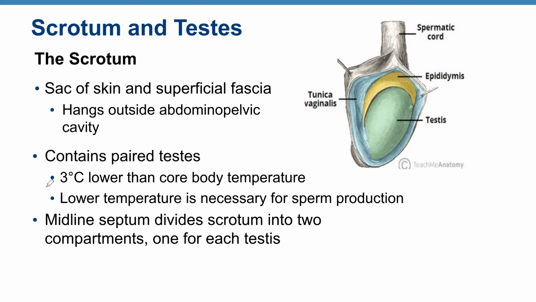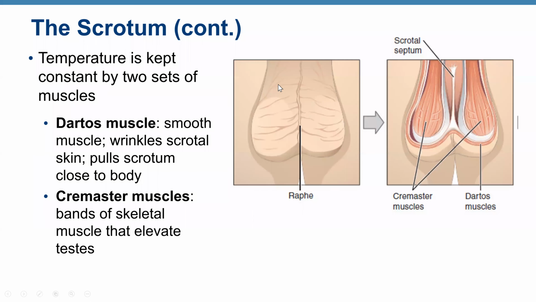A midline septum divides the scrotum into 2 compartments, one for each testis. Temperature is kept constant by a set of 2 muscles.